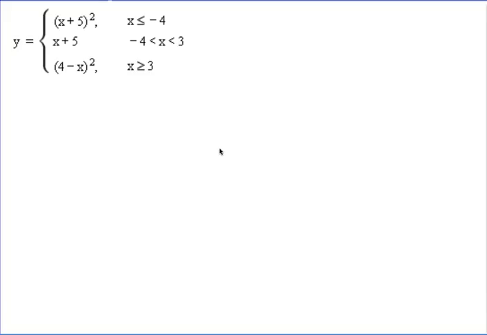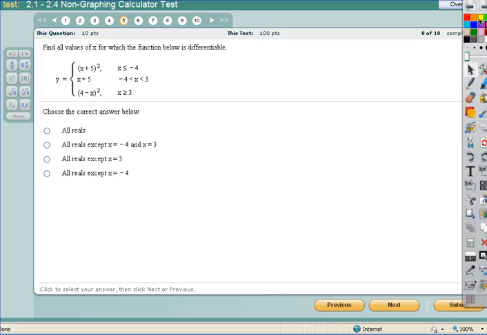Okay, so how could we do this one? We're trying to find all the places where the function is differentiable, which is probably easier to do instead by finding the places where it's not differentiable, because those are going to be fewer.